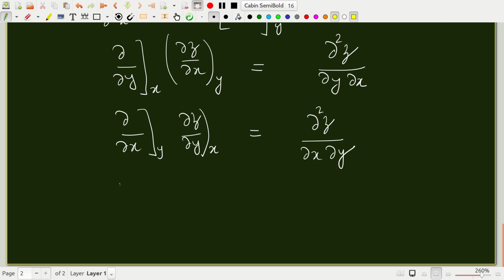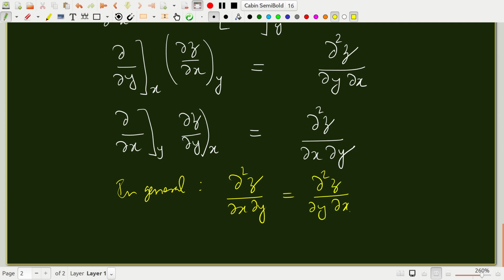In general, if the first derivatives are smooth and continuous, then partial squared z by partial x partial y is equal to partial squared z by partial y partial x. These are called the mixed derivatives because they have derivatives with respect to both x and y.